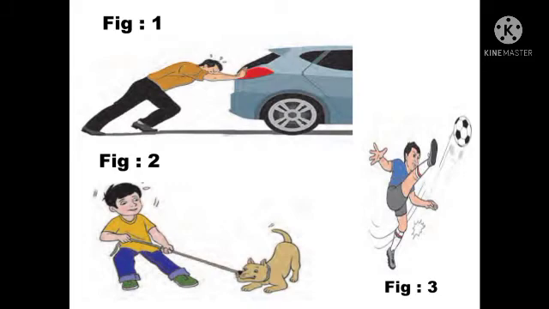Next, in figure 3, a boy is kicking a football with full energy. That is, he is applying force on the football to move it in a direction. So from all these examples, we get clear about what is force.